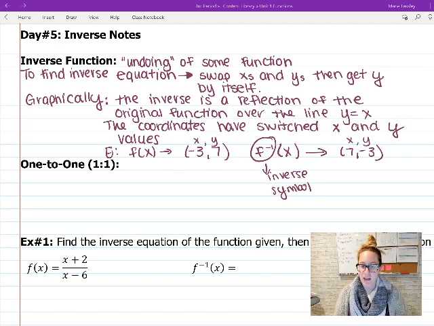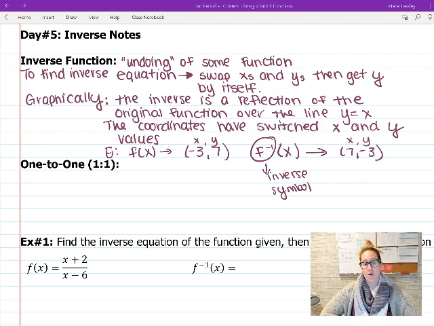You just trade positions. So if you do have a graph, you can easily figure out if two graphs are inverses of each other by isolating some points on the graph and flipping their x and y's and seeing where they land. That is inverses.